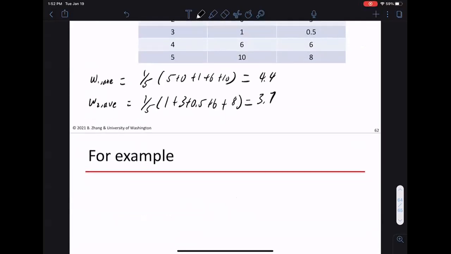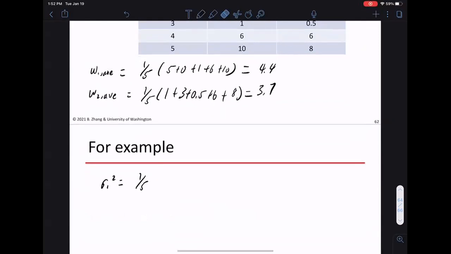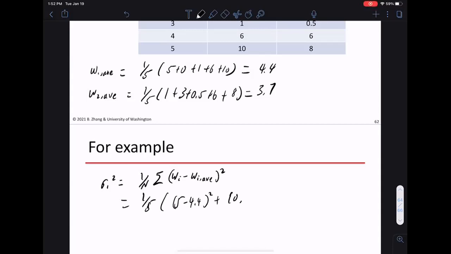So now let's compute the standard deviation. Sigma 1 squared is 1/5 times the sum, I recall the formula is 1/n summation of (wi minus wi average) squared. So here I have 1/5 times (5 minus 4.4) squared plus (0 minus 4.4) squared, and so on.